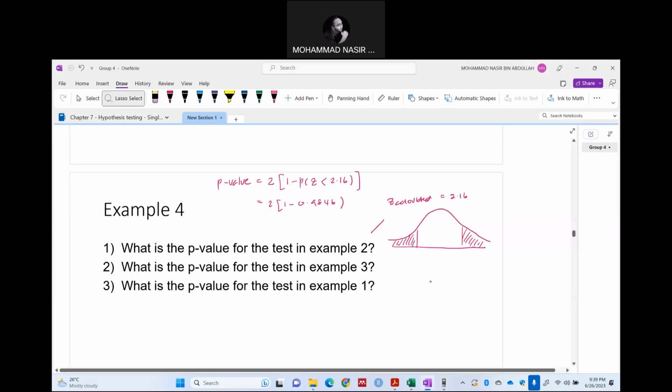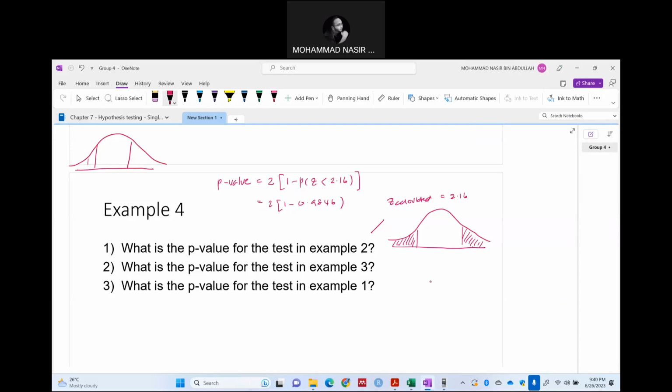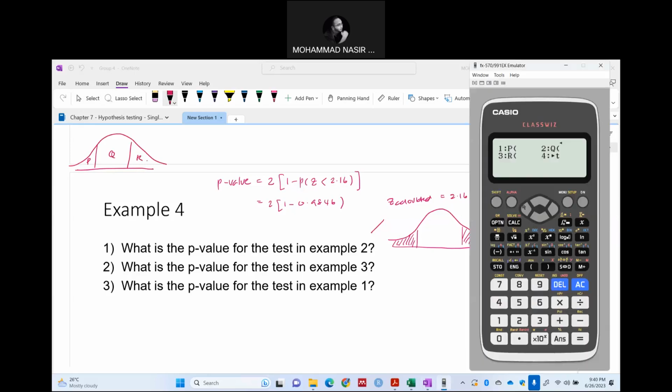So this is the region. This is P, Q, R. If you want to find the value less than, we use the P value function 1, 2.16. So you will get 0.9846.